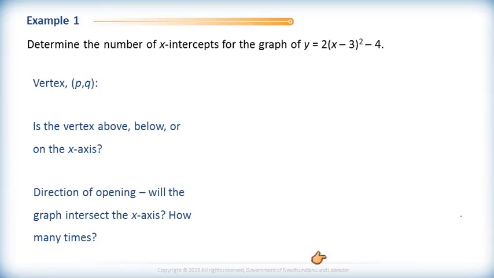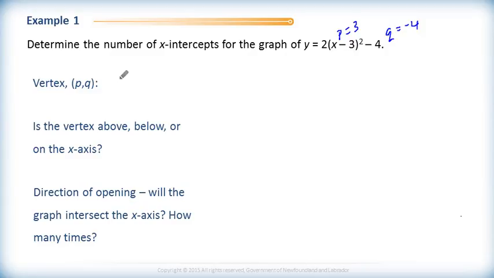Example 1. We have this function y equals 2 outside of x minus 3 squared minus 4. We want to know how many x-intercepts it will have. We're not interested in what those x-intercepts exactly are, just how many there are. The vertex, p, q. Remember, our vertex goes by the p-value, which is the opposite sign of the number in the brackets with the x, and negative 4, which is our q value.